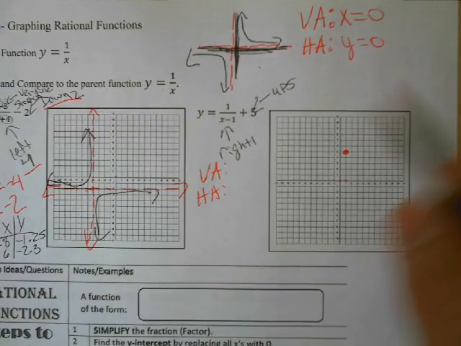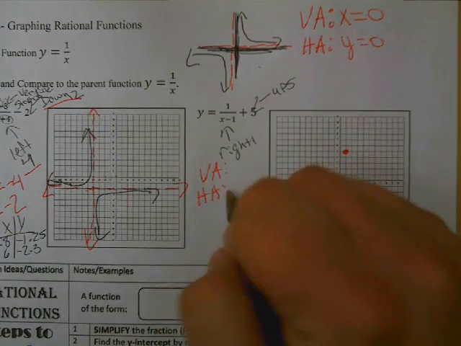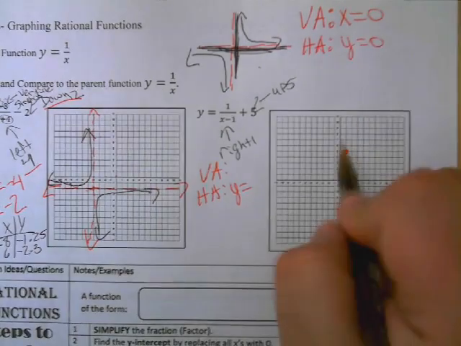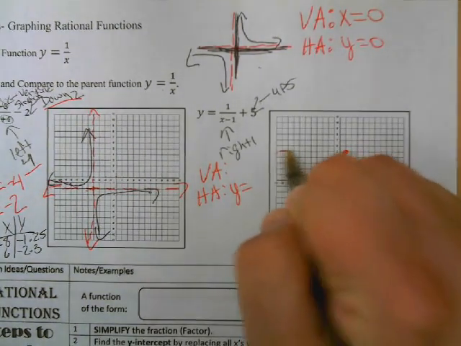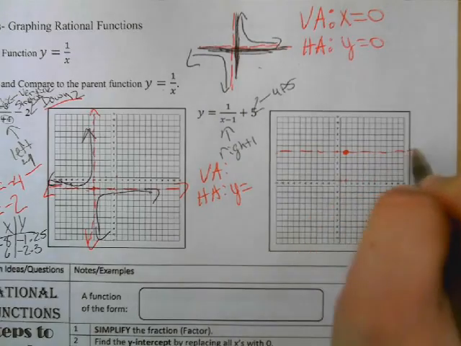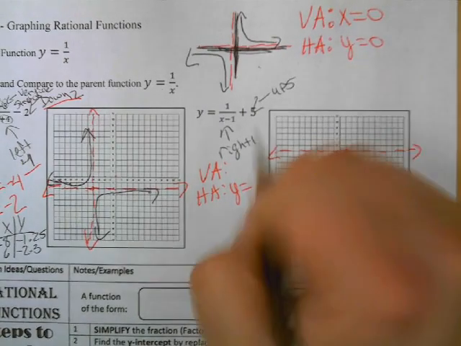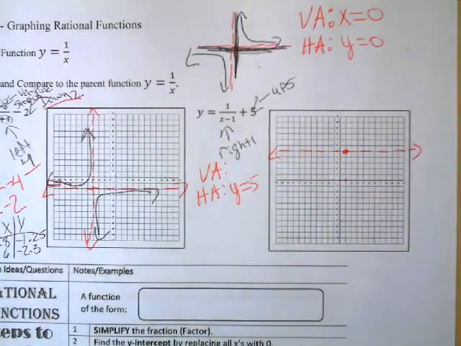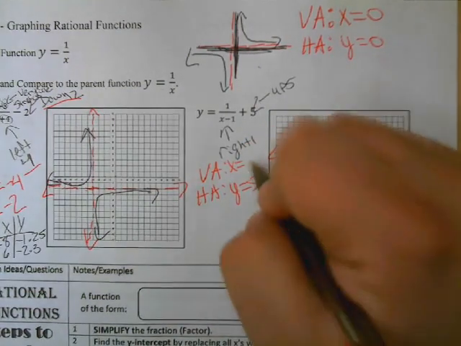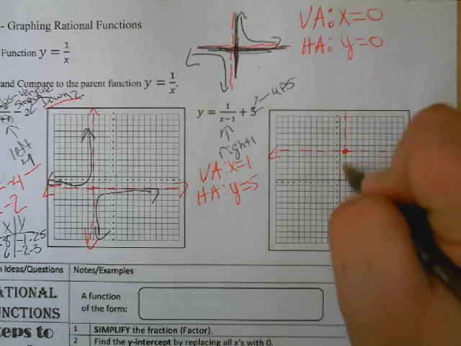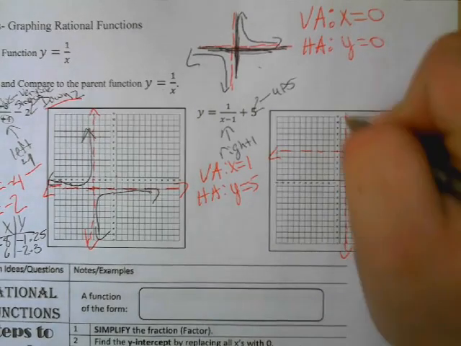So along what line is my horizontal asymptote going to be? Y equals 5. Right. Y equals 5. Now where's my vertical asymptote going to be? At x equals 1. Right. I can just draw that bad boy in.